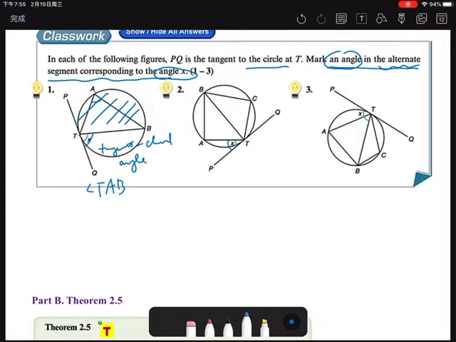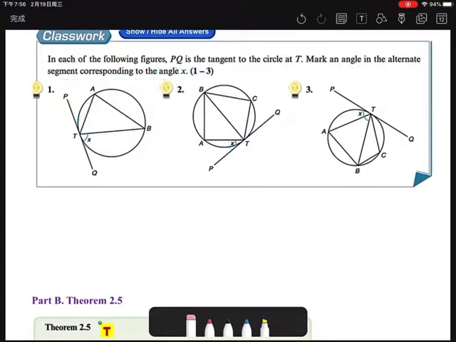And here, angle X is also a tangent chord angle, and the corresponding alternate segment is this one. The angle in the alternate segment: actually here it doesn't give us the angle directly, sorry, here actually it's given.